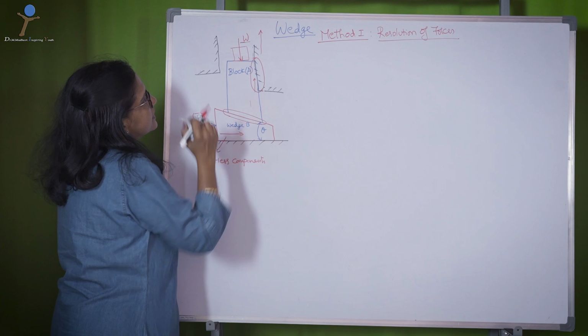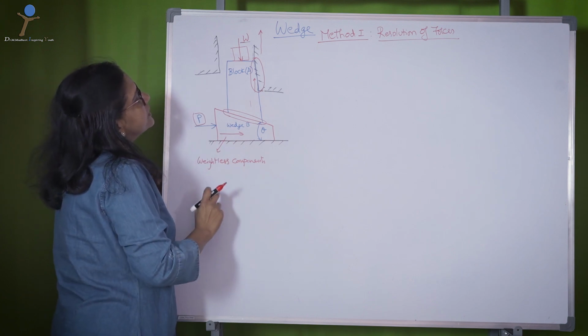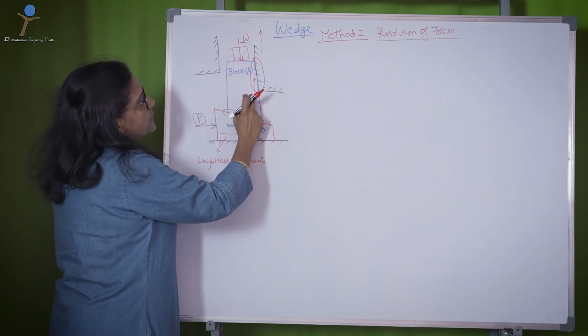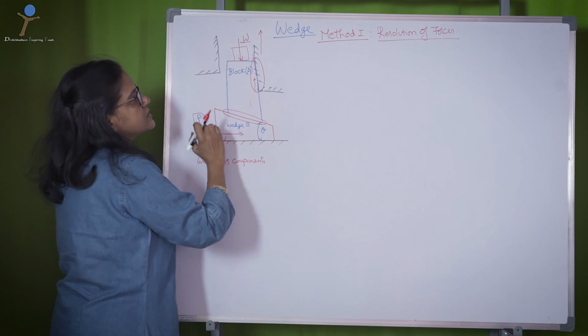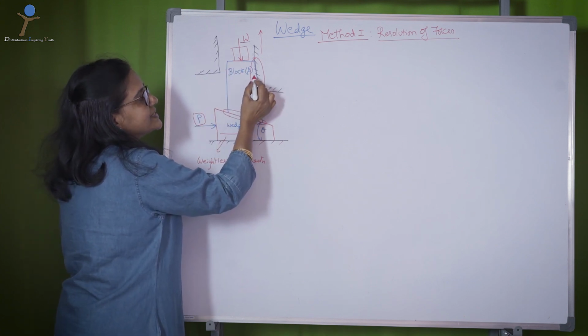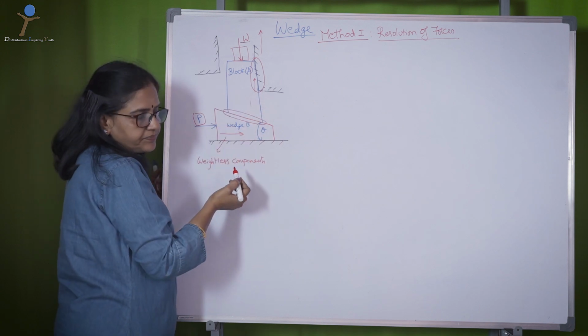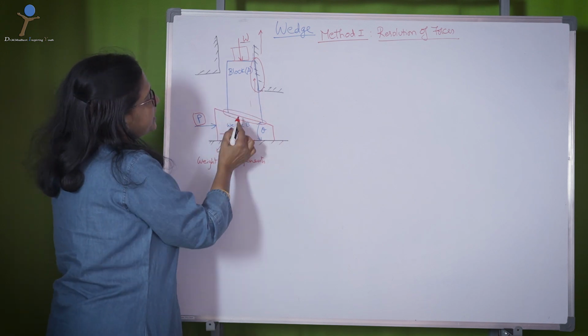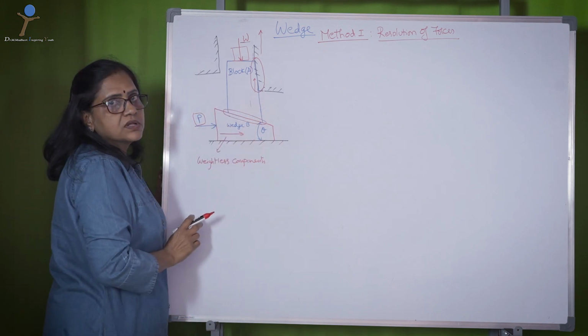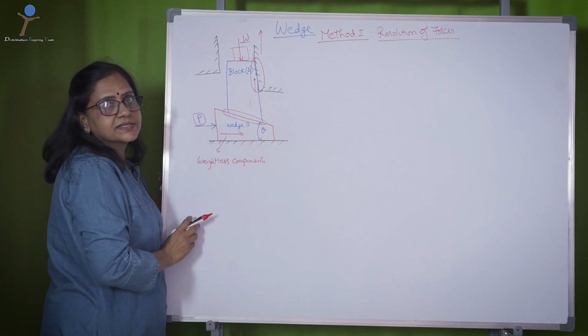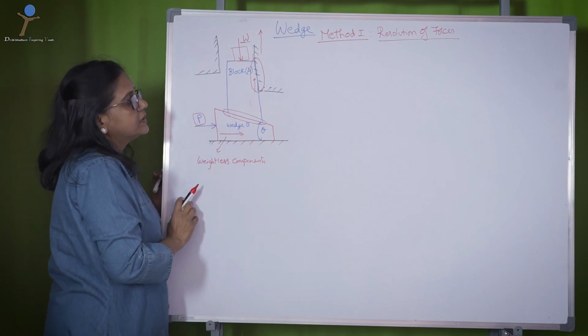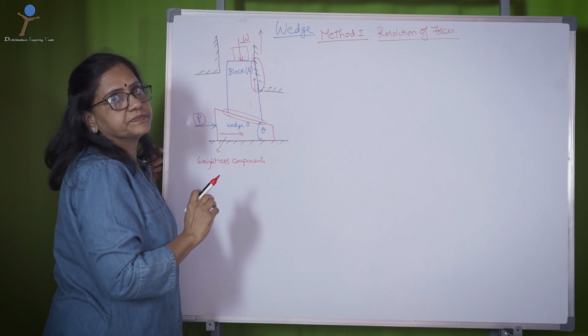We know the motion of the block, it is going upwards. So we know the frictional force that is acting on this surface will be in downward direction. The frictional force on this contact surface depends upon the motion of the wedge.